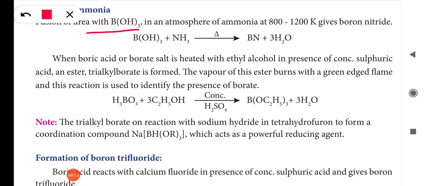It's an organic compound, can be used as fertilizer. If boric acid is fused with urea in the atmosphere of ammonia, it will form boron nitride.